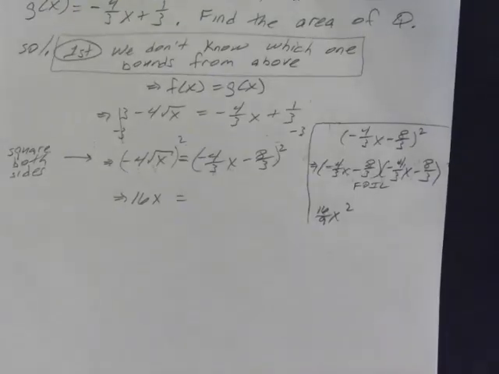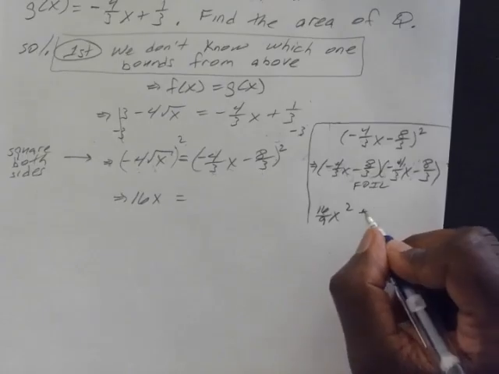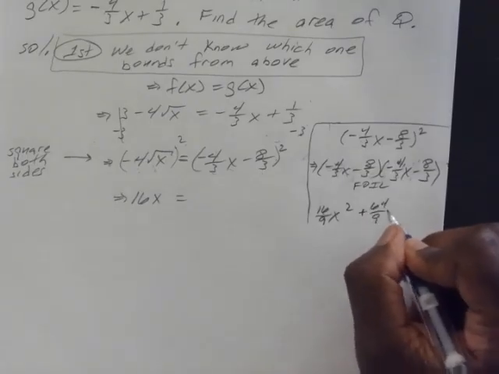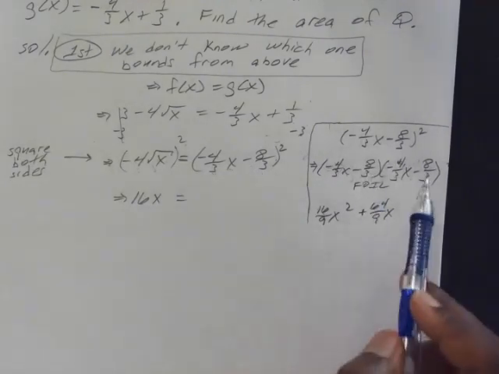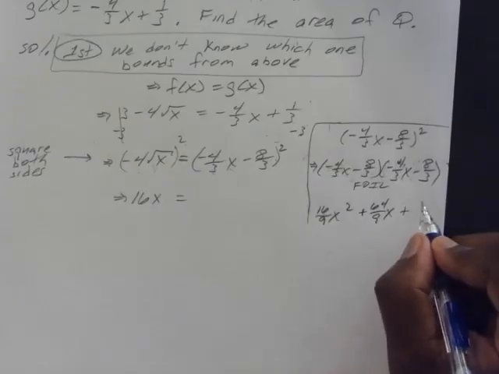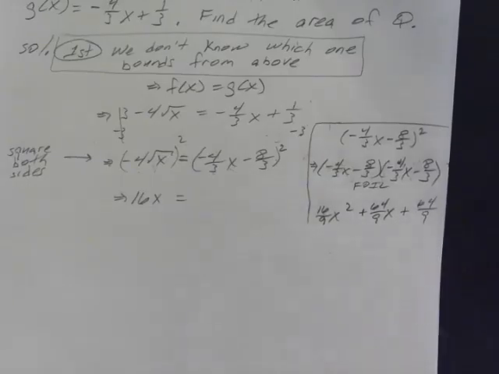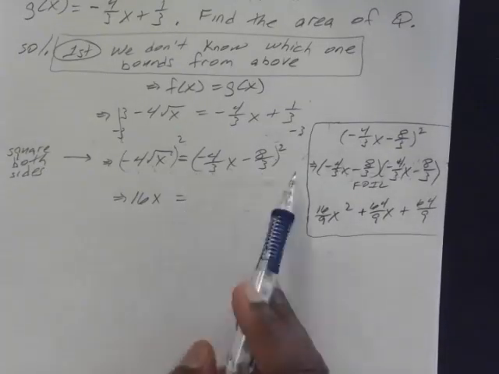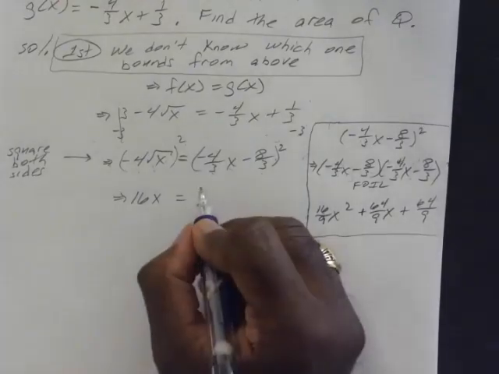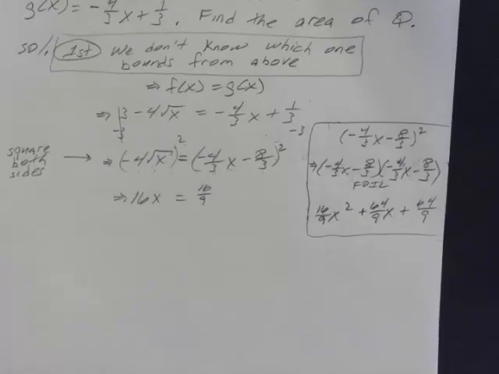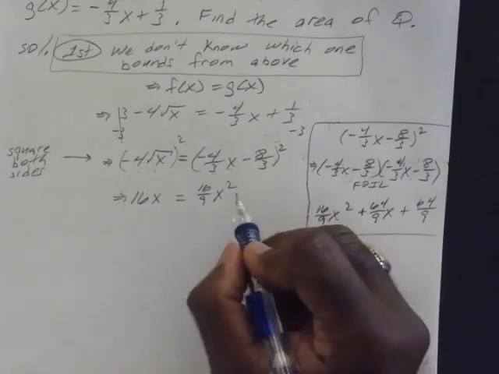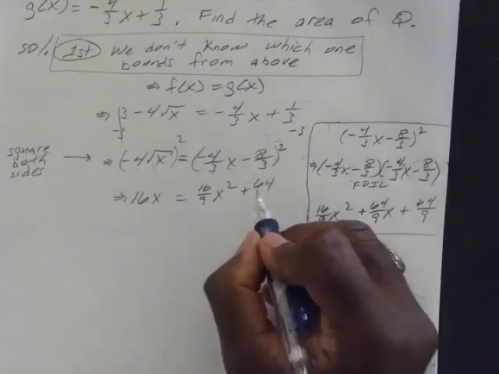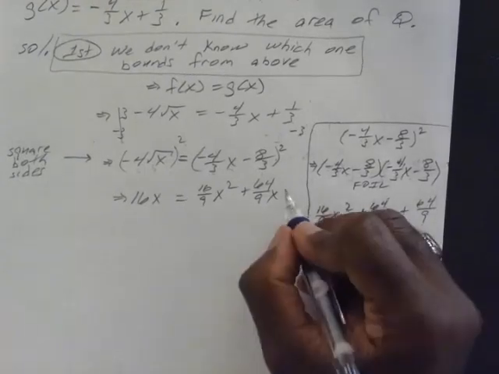So that ends up being positive 64 over 9x. And your last, negative 8 over 3 times negative 8 over 3, which is positive 64 over 9. So this just becomes 16 over 9 x squared plus 64 over 9x plus 64 over 9.